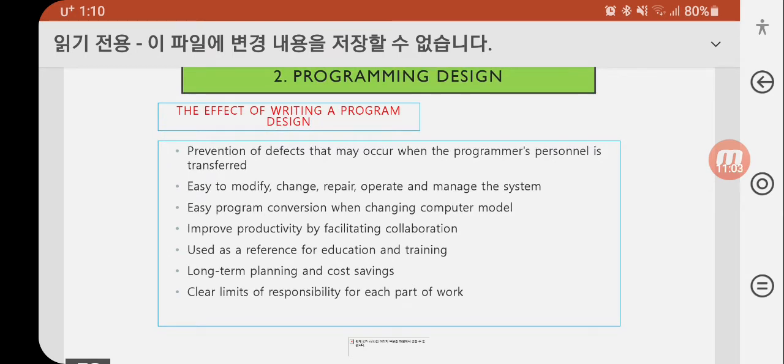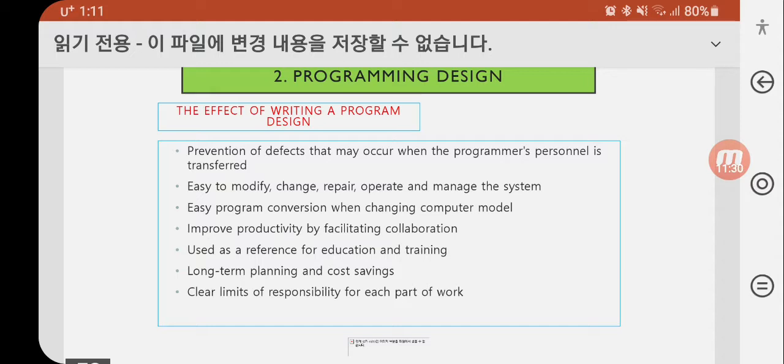The effect of writing a program design is prevention of defects that may occur when the programmer's personnel is transferred. It is easy to modify, change, repair, operate, and manage the systems. And also easy program conversion when changing computer model.